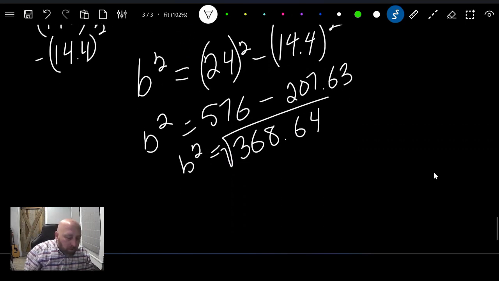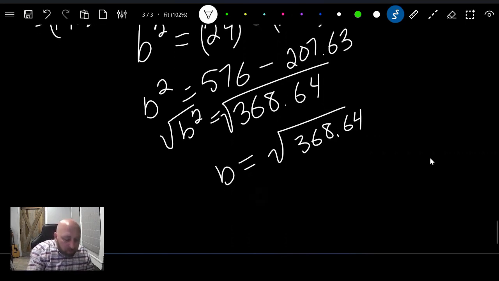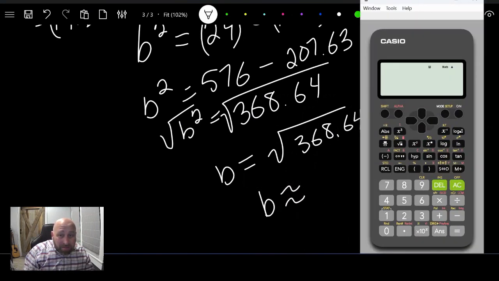So we have to square root both sides here to get b. So b equals the square root of 368.64. We would then say that b is approximately equal to, and we use that little squiggle right there to say that it's approximate. It's not equal to it. So when we go to the calculator to do the square root of that, it's not going to give us an exact answer. It's going to give us a rounded off answer.